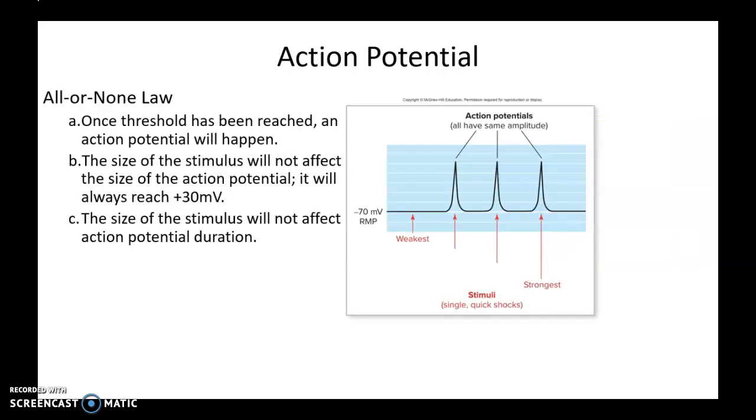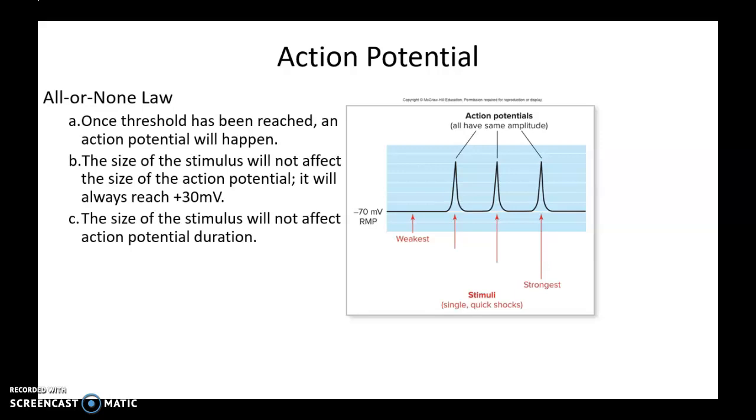All right. Now, action potentials follow the all or none law. What do we mean by that? That means once a membrane potential changes from -70 to -55, boom, you will have an action potential.